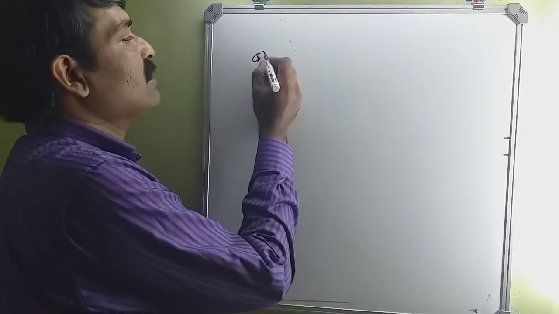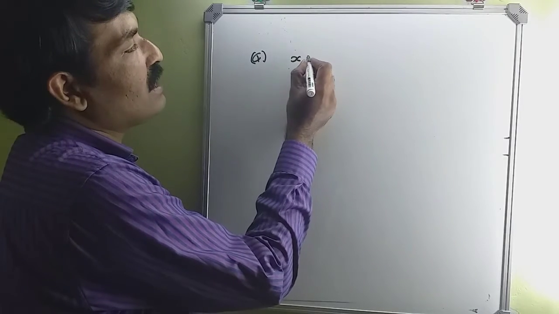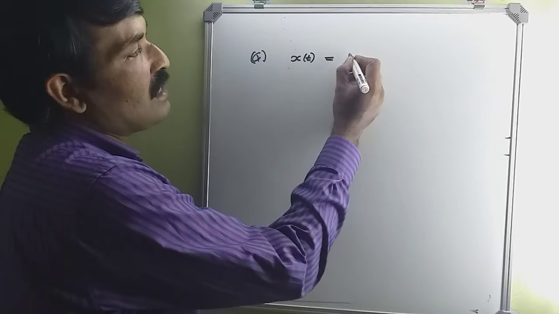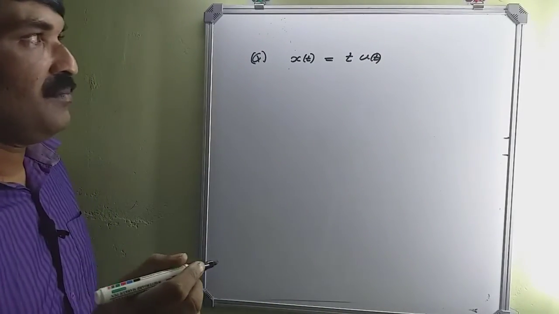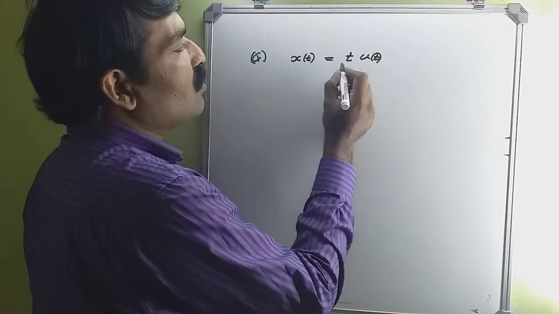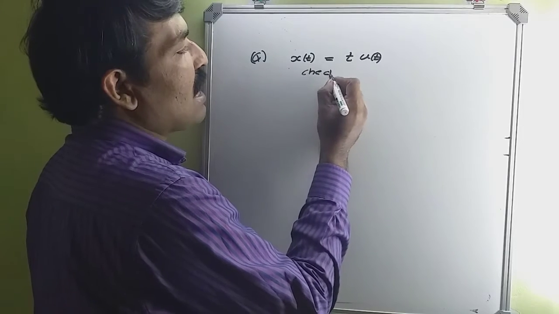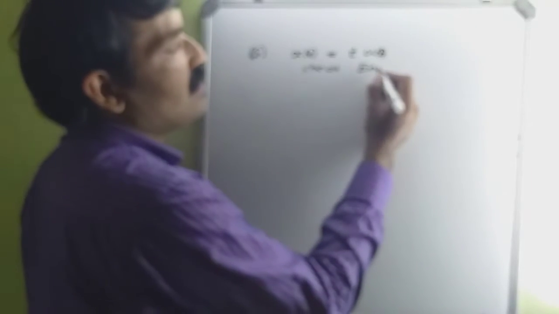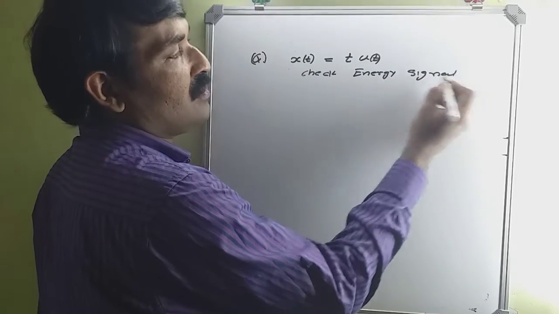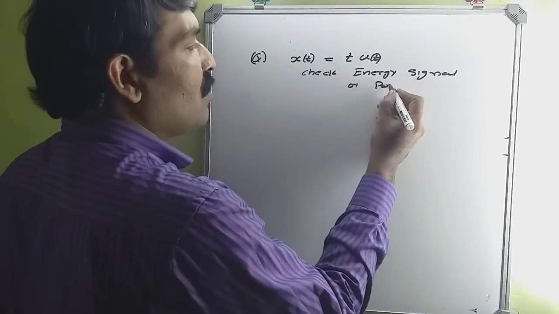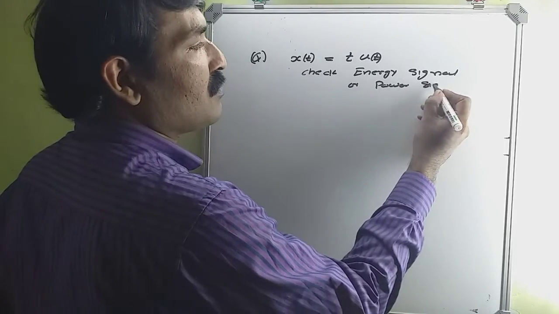Next question. x of t is given as t into u of t. So check whether it is an energy signal or a power signal.